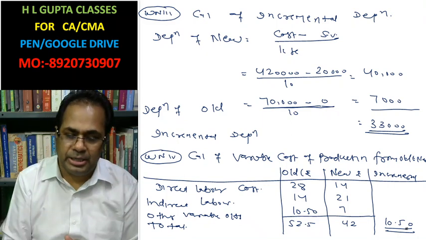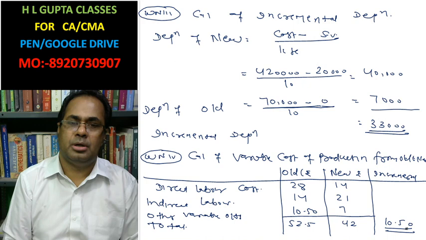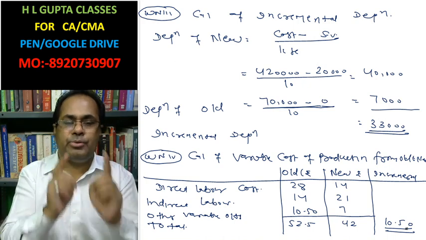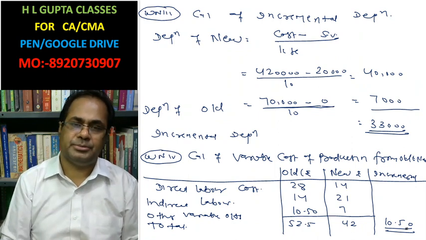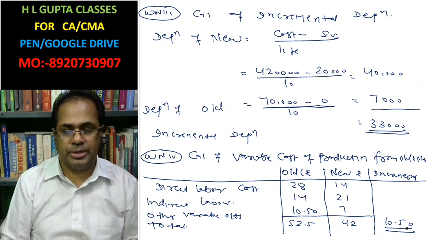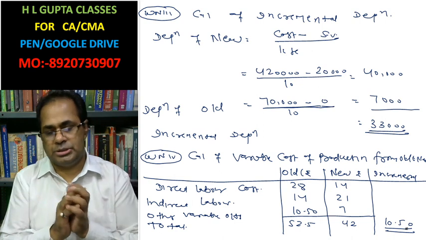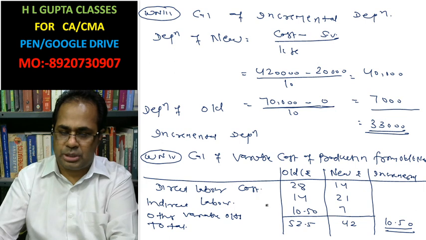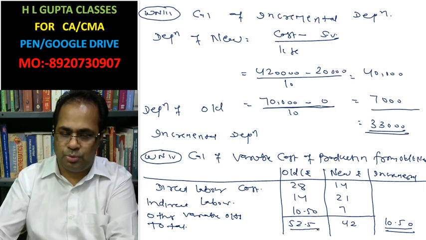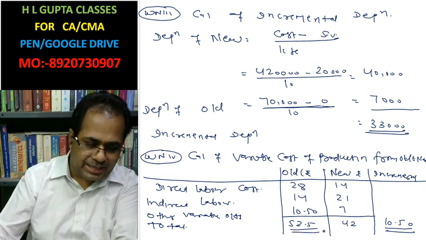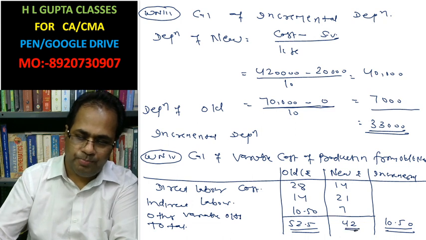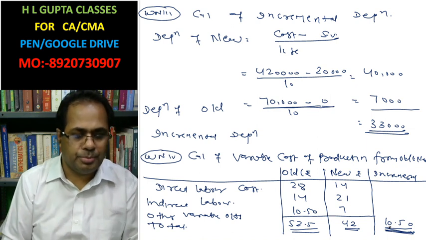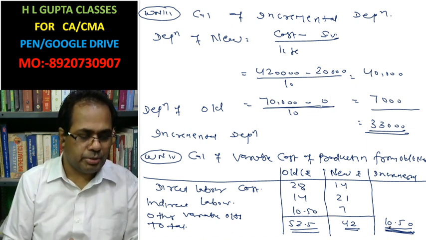Here I am taking variable cost per unit. From the new machine, we are going to save per unit manufacturing cost of 10.50, because the variable cost of production from the old is 52.5 and from the new is 42, and the saving from the new is 10.50 per unit.